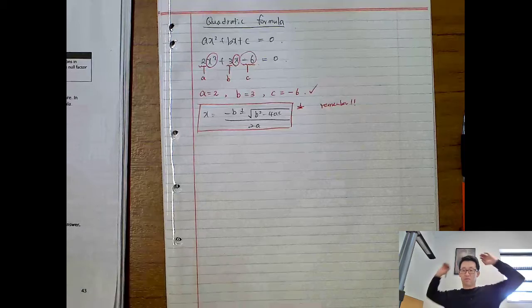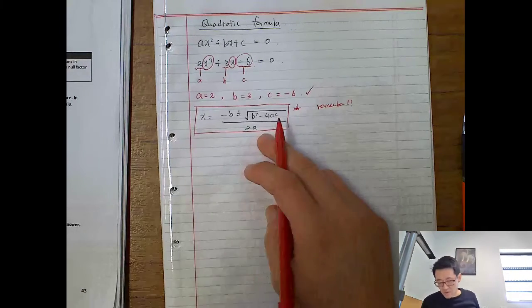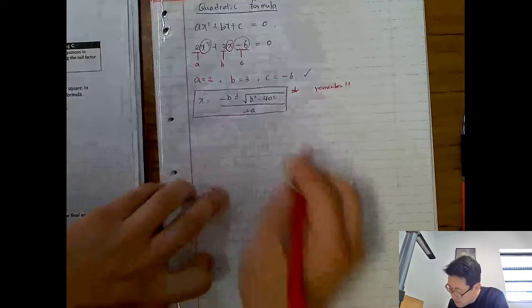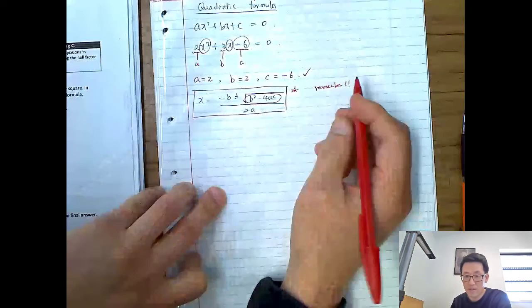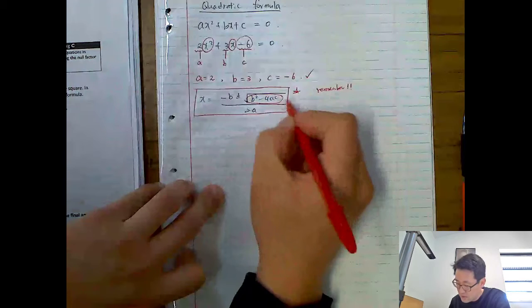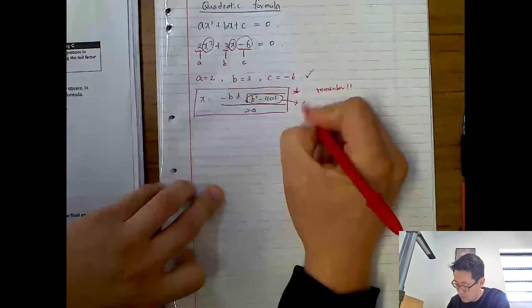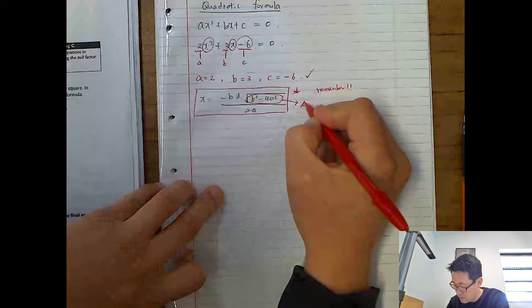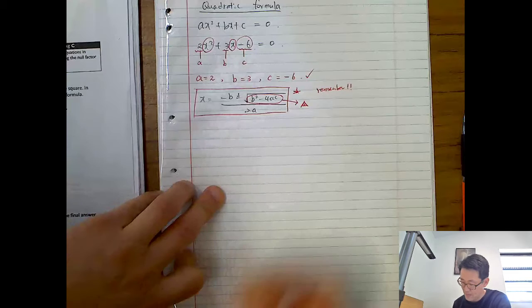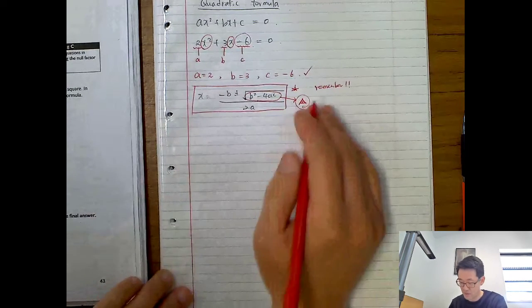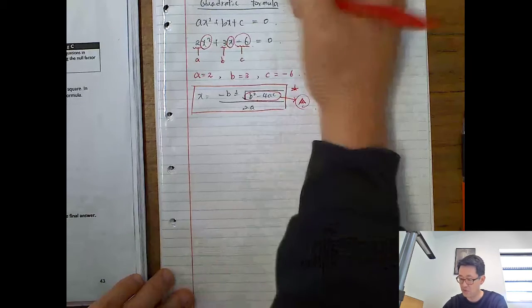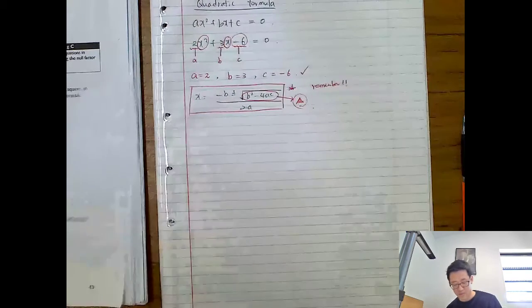You will use that a lot, so make sure you know that. And next, b squared minus 4ac. You will probably see this later. We call it the discriminant. I will cover that later, which is the next section, so don't worry about it too much. I'll just focus on the quadratic formula.